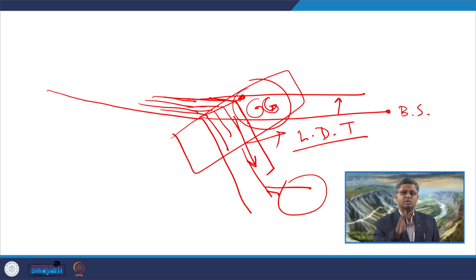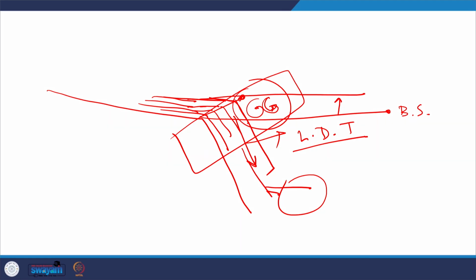They are responsible for triggering the low density turbidity currents and producing the low density sandy turbidites in the deep marine fan systems.